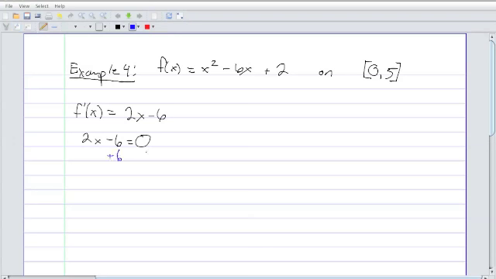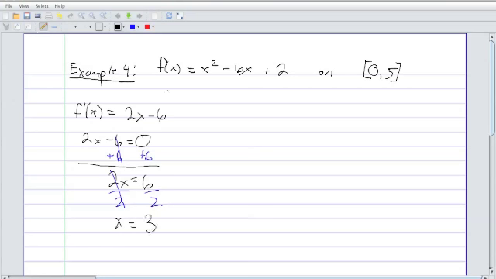Let's solve for x, and divide both sides by 2. We get x is equal to 3.